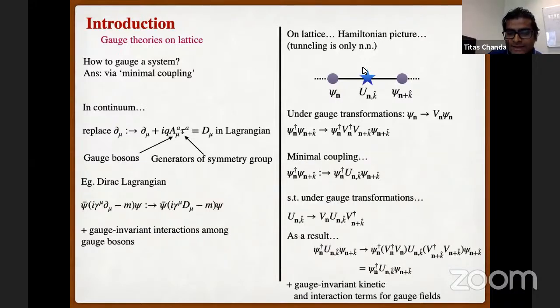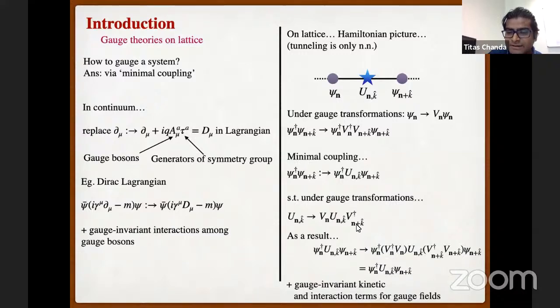In this case, we introduce an extra field or extra degrees of freedom in between two lattice sites. We replace this kinetic term by this term, where U is a unitary matrix or unitary operator that sits in the bond between two lattice sites, and U transforms like this.